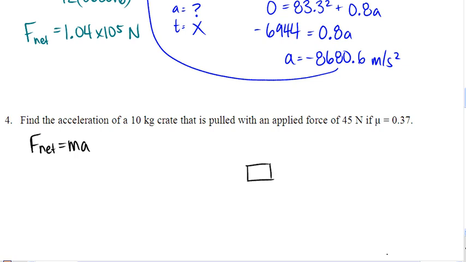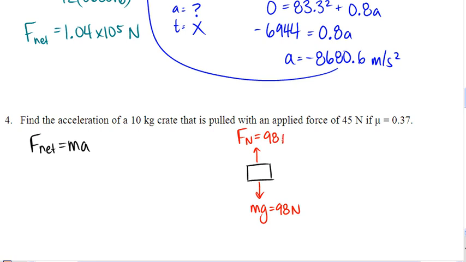So there's our crate. Let's talk about the forces acting on our crate. We've got gravity pulling down, m times g, 10 times 9.8 is 98 newtons. Only going to include forces in this diagram. The crate is not sinking into the center of the earth because the ground is pushing back, the normal force.